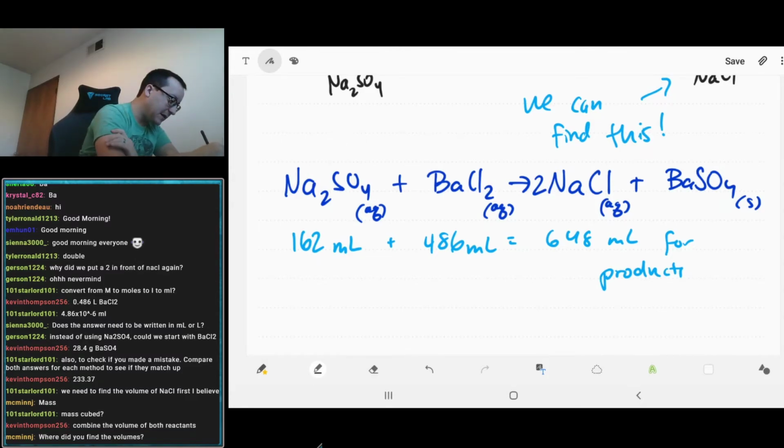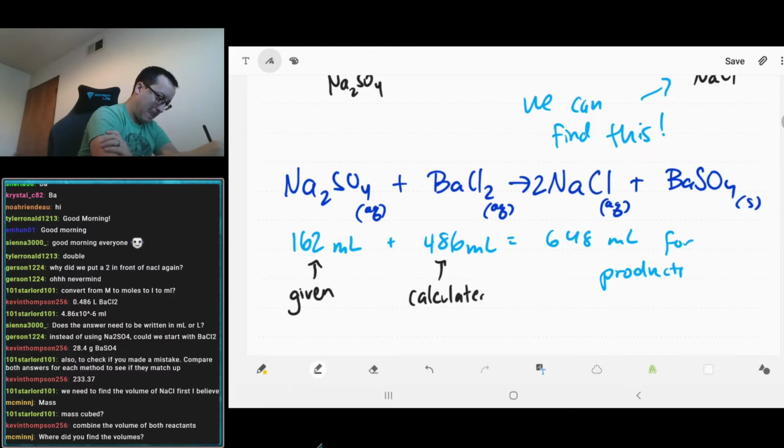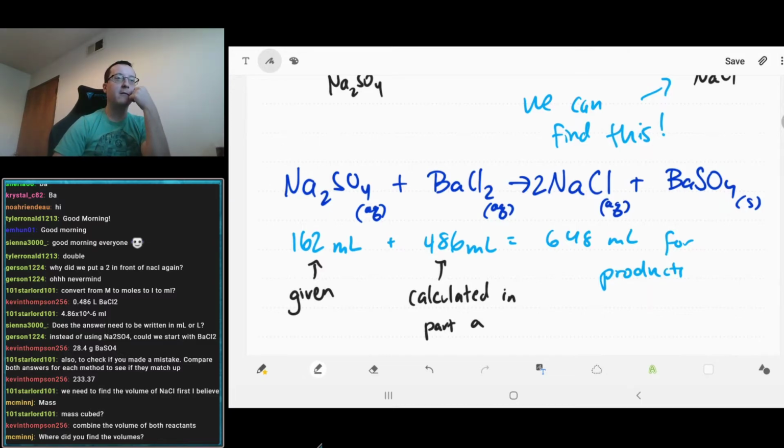Sure. So this one was given in the problem. This one we calculated in question part A. So this whole problem will take the entire class time, but that's okay.